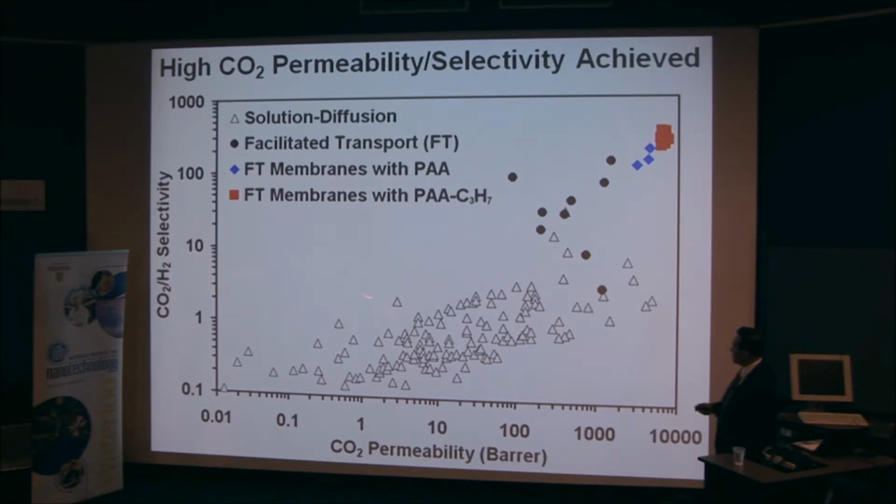You can see that based on a solution diffusion mechanism, the CO2 hydrogen selectivity is relatively low. And there are some data from published literature on the facilitated transport membrane. Some of them, those higher ones, are based on our earlier work.